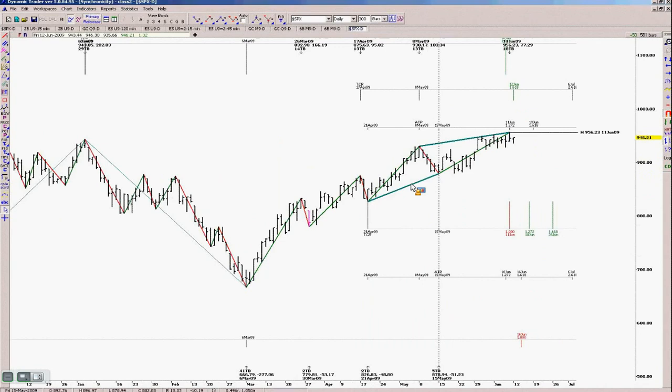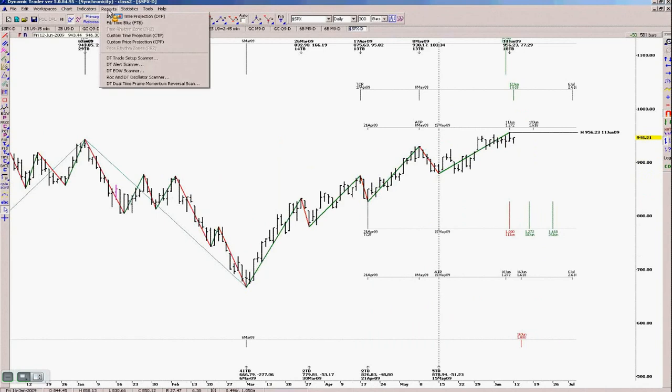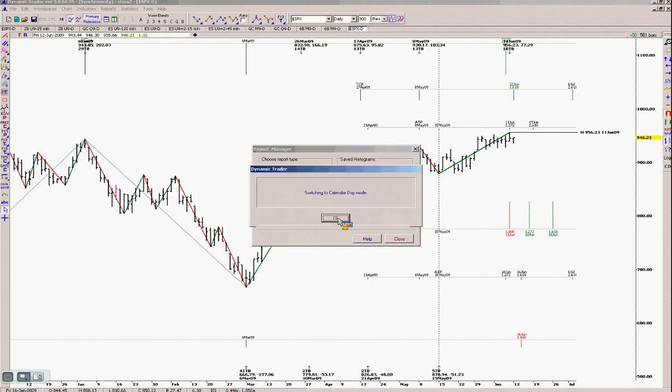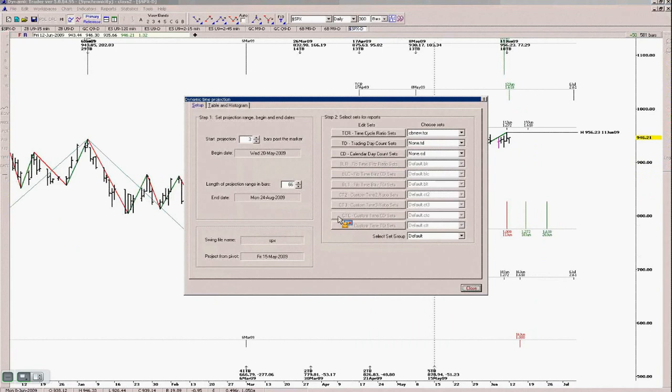Now, since the market is trading higher, or has been trading higher from that last low, what I want to do is run the projection from the May 15th low for the possible highs, and that's where I'm going to click on Reports, Dynamic Time Projection, and then I want to make a new report, and then the program actually switches it to calendar day mode, and I want to run it to, pretty much current time, so where I want to start the projection bars. This is where you move the projection bars past.